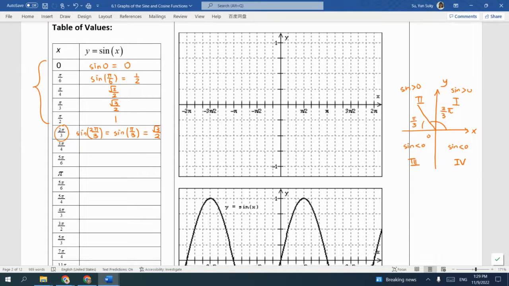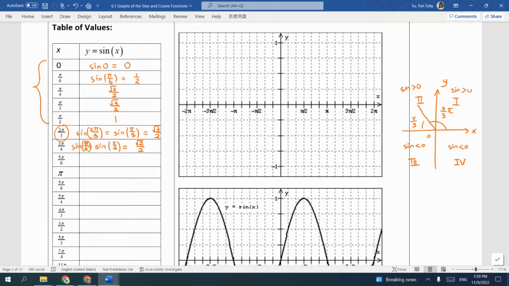All right. And how about sine of 3 pi over 4? What's the reference angle? Pi over 4. So sine of 3 pi over 4 equals sine of pi over 4, which is root 2 over 2. Okay? And sine of 5 pi over 6. What's the reference angle?